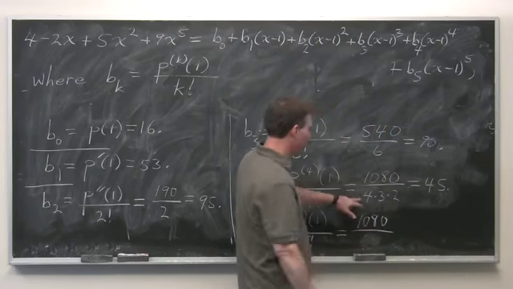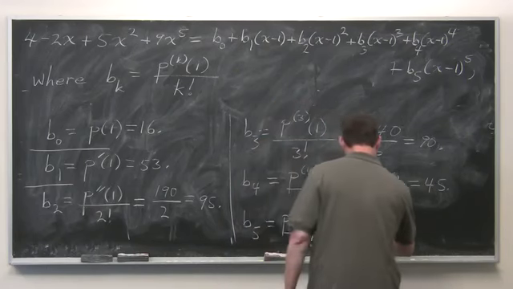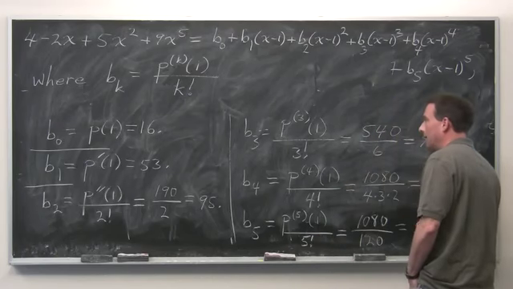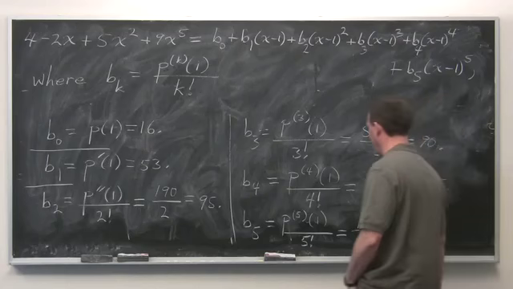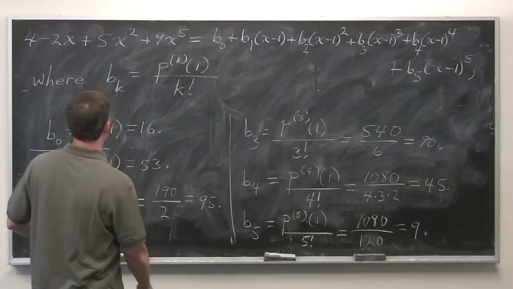Let's try this. 4 factorial is 24, so this is 120. And so this is 9. All right, that's what we're getting.